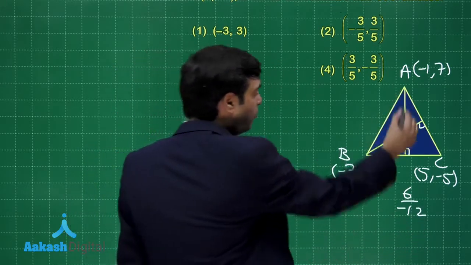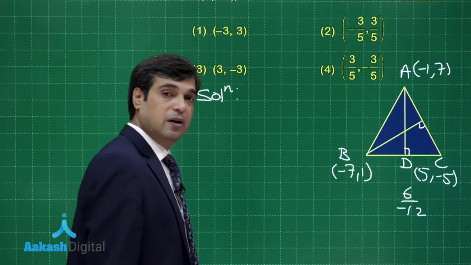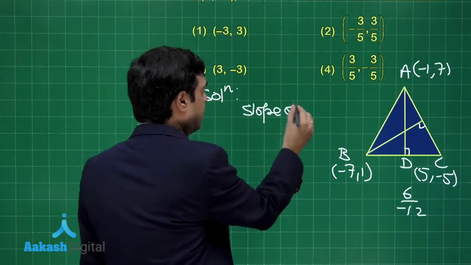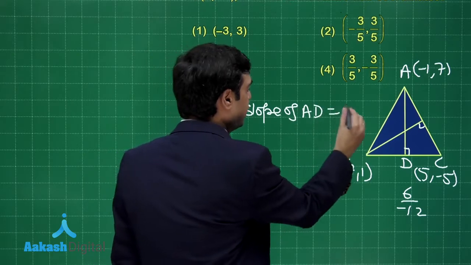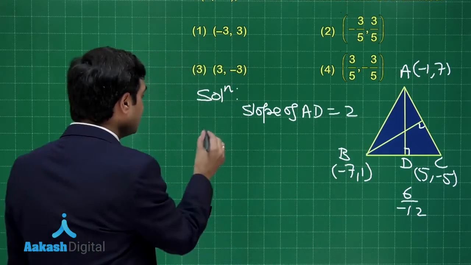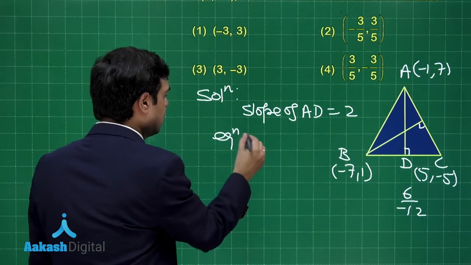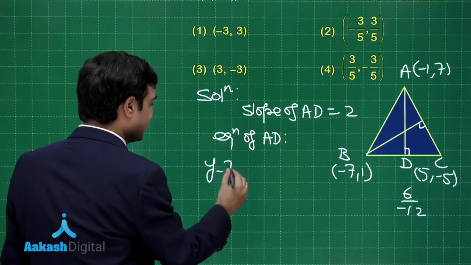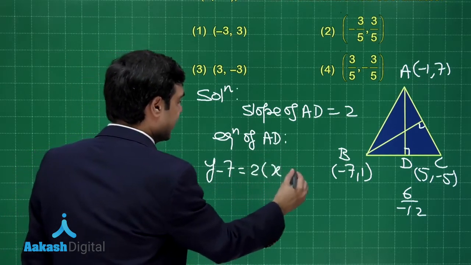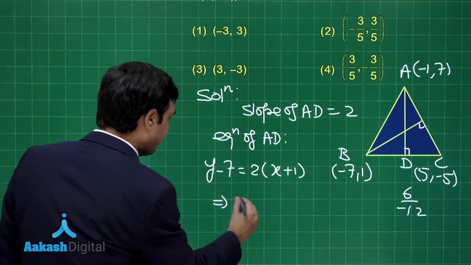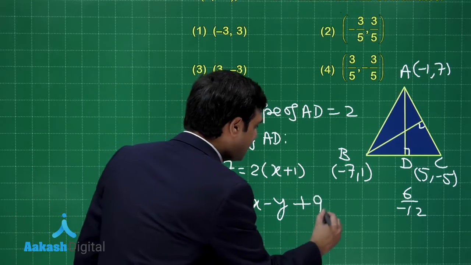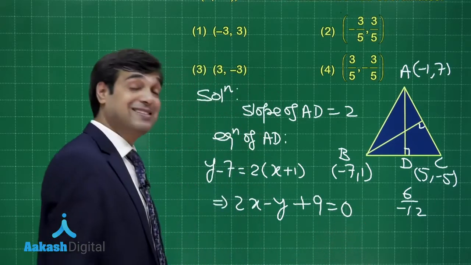So what is the slope for this line, say AD? Slope of AD is equal to 2. So equation of AD is obtained as y minus 7 is equal to 2 times x plus 1, or you can simplify 2x minus y plus 9 is equal to 0.